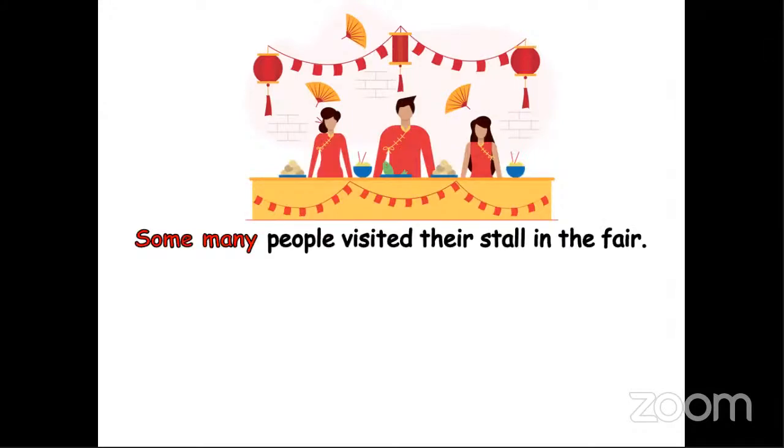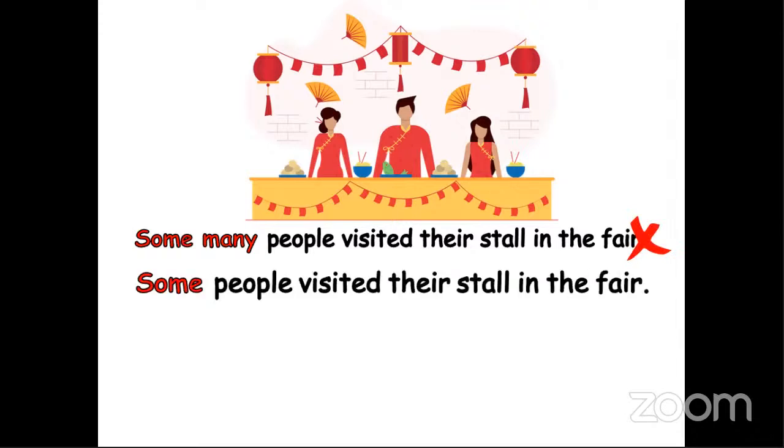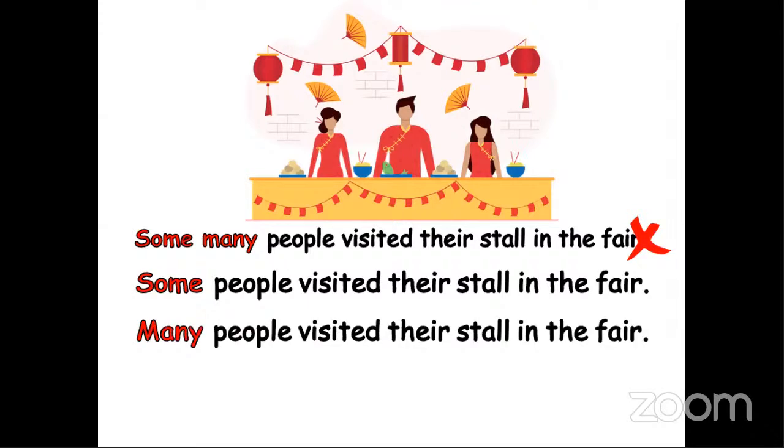Many people visited their stall in the fair. Now, is it grammatically correct? Is it making any sense? No, it is not grammatically correct. We can either say some people visited their stall in the fair, or we can say many people visited their stall in the fair, but we can never say many some people visited their stall in the fair. So what do we understand from this?